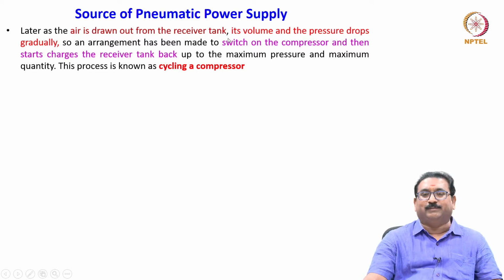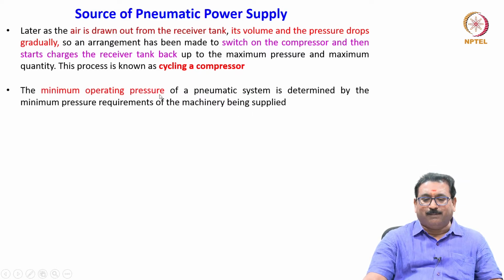So, an arrangement has been made to switch on the compressor and start charging the receiver tank back to the maximum pressure level and maximum quantity. Then once it is filled, it automatically switches off. This process is known as cycling a compressor.